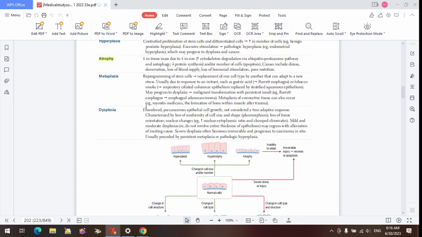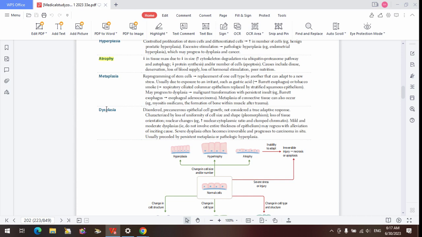Someone that has Barrett esophagus is going to develop adenocarcinoma. Someone that has stratified squamous epithelium change due to smoking can develop a squamous cell carcinoma. We said dysplasia occurs in grades, stages 1 to 3: mild, moderate, severe, depending on the level of affectation of the epithelial cell.